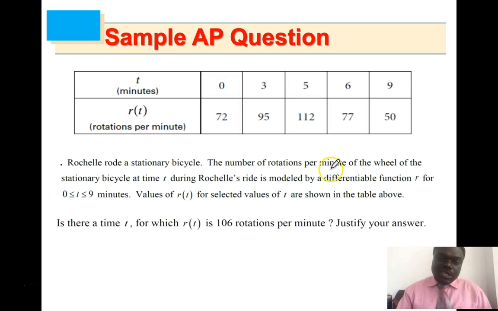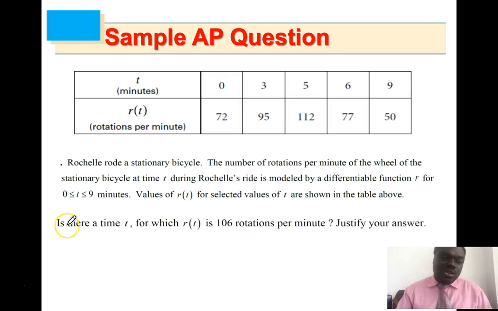The number of rotations per minute of the wheel of the stationary bicycle at time t during Rachel's ride is modeled by this function, r. So this is the function, number of rotations per minute from t equals 0 to 9. The values of r for selected values of t are shown in this table.